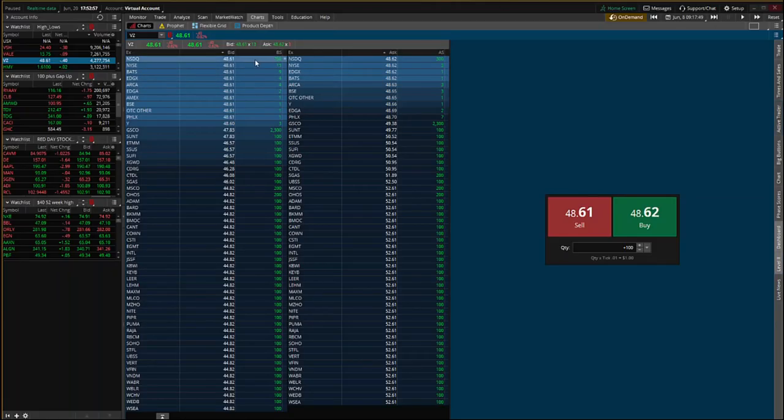Let's say this person up here wasn't selling that many shares, and you have the rest of these. So you have 10,000 shares that you're trying to sell. Because there's not 10,000 shares here to fill your order, you're not going to fill it until it gets back up to that number.